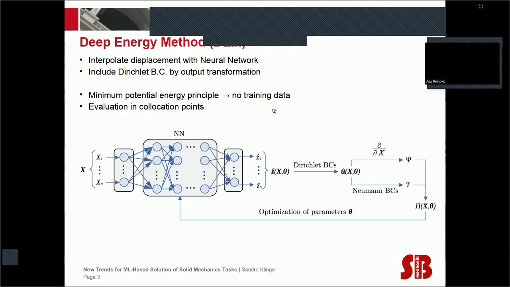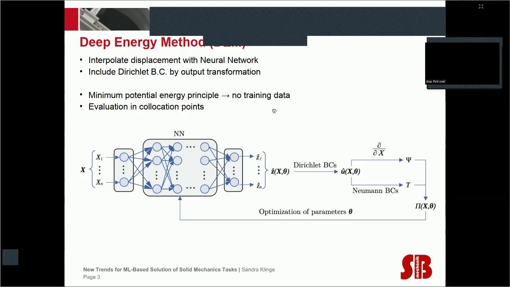It is not as usual a mean square error function, but it is the potential, as we know from the finite element method. And for this reason, because of the similarity, we call this method deep energy method. We have to minimize the potential, but now not with respect to displacement, as is usual. We have to minimize that with respect to the neural network.